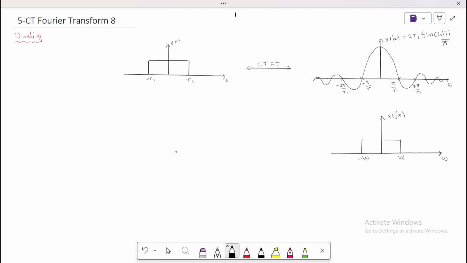For this case, the inverse Fourier transform of this rectangular pulse is the sinc.